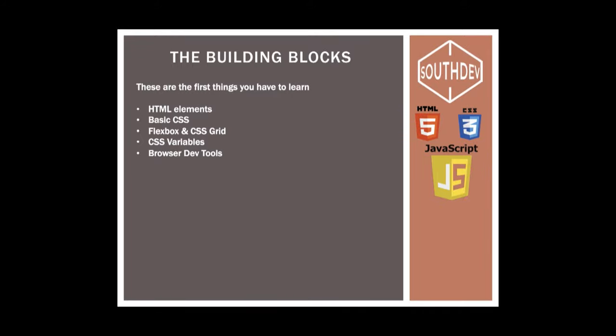Then you're going to start doing some CSS, which adds style to your websites, like colors and positioning stuff here and there, making your site look prettier. Inside CSS, you're going to want to learn stuff like Flexbox and CSS Grid, which are really powerful tools which help you with your layout.